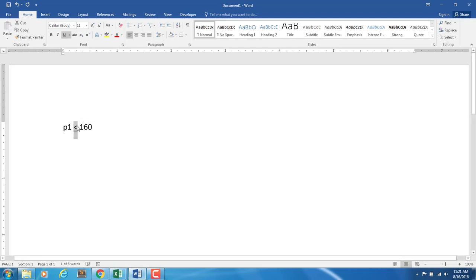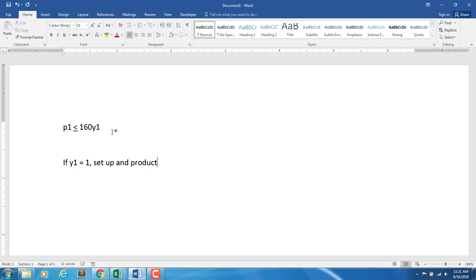but that's only true if we actually set up for product 1. So we set up for product 1 for y1. So what this is saying is if y1 equals 1, set up and produce up to 160 units.